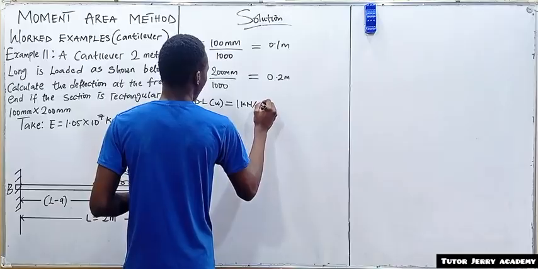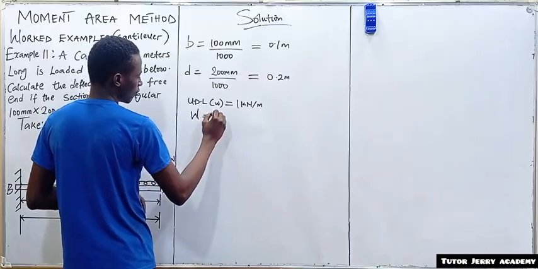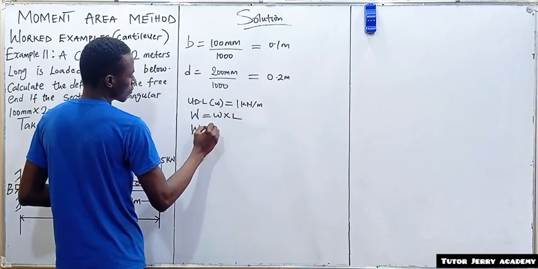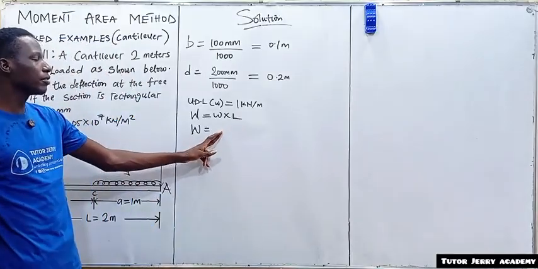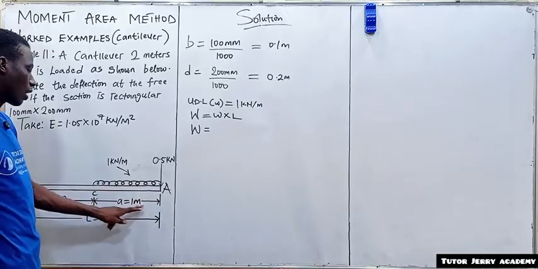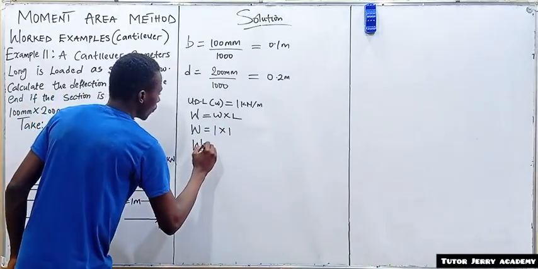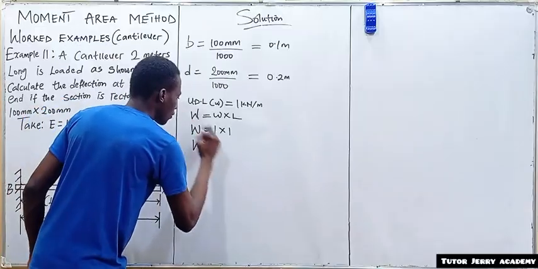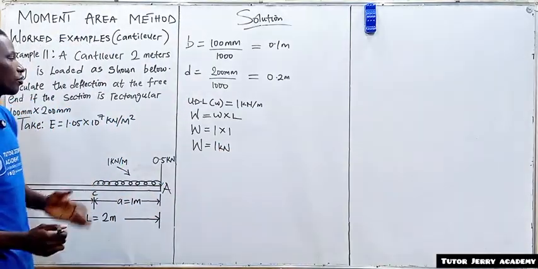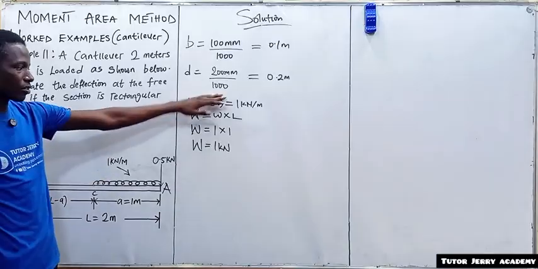And we know that total load W is equal to w multiplied by L. So W will be equal to our UDL, which is 1 kilonewton, and the length over which it lies is 1 meter. So this is 1 multiplied by 1. Our total load now becomes 1 kilonewton. So basically what we just did is convert this uniformly distributed load to a point load.